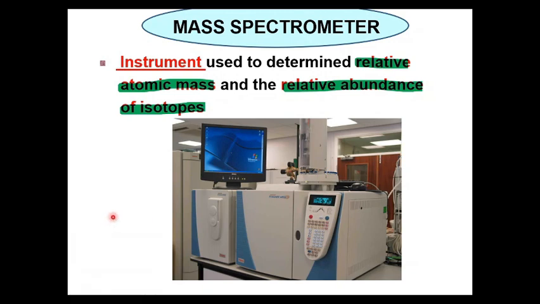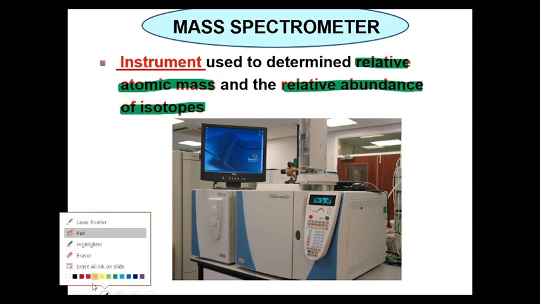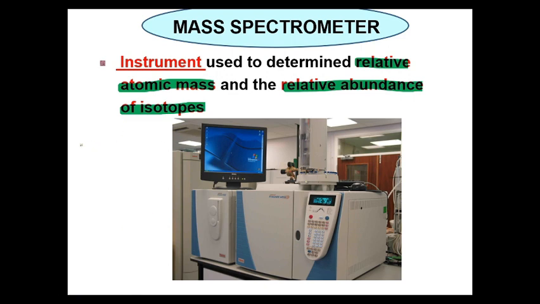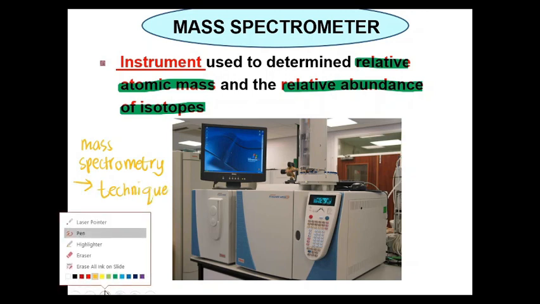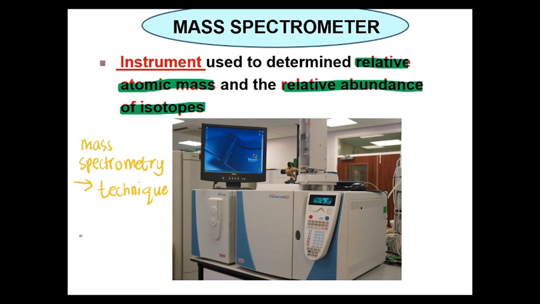So in short, I just want to highlight that mass spectrometry is a technique. Meanwhile, a mass spectrometer is the instrument.